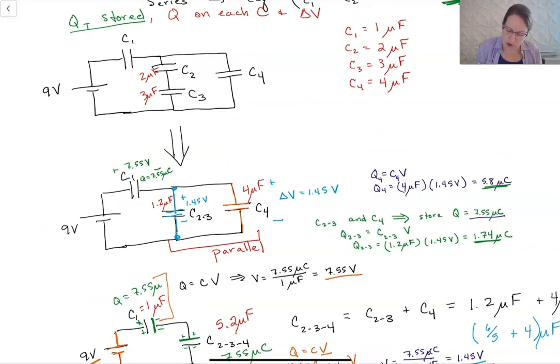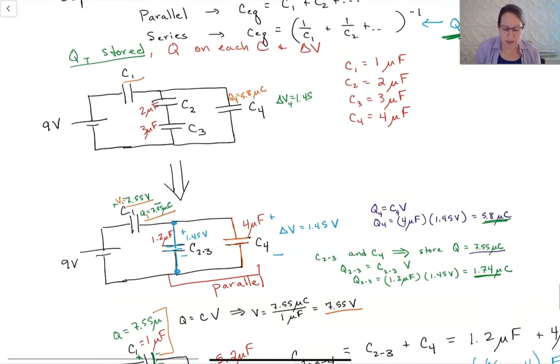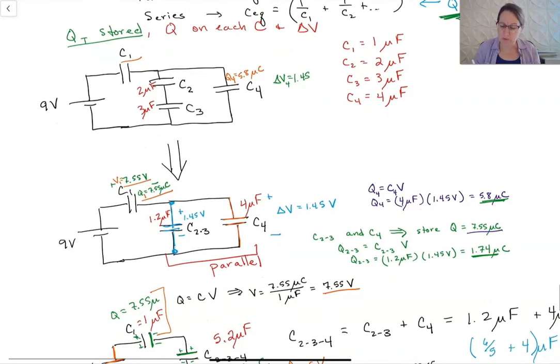But now we've got the charge on this capacitor, Q4. So we've got 5.8 microcoulombs. We know the voltage, delta V, is equal to 1.45. That's for 4. We already had Q1 and V1, right? We already had that. So then it's just a matter of finding out what's going on for 2,3. And 2,3 stores 1.74 microcoulombs.